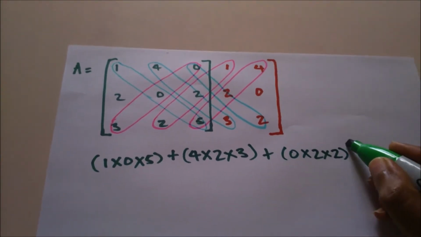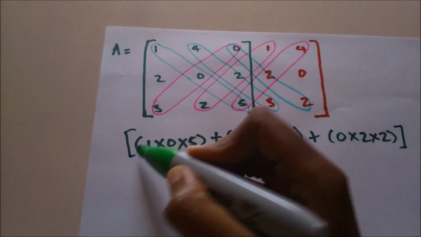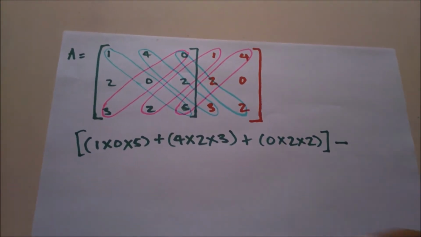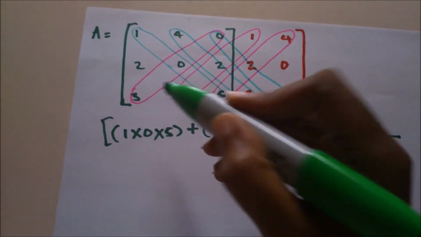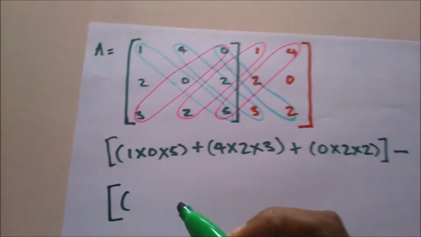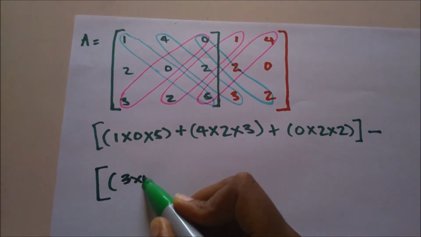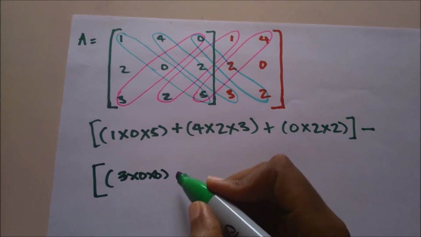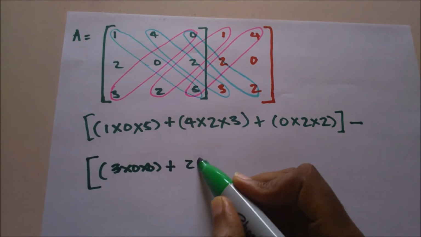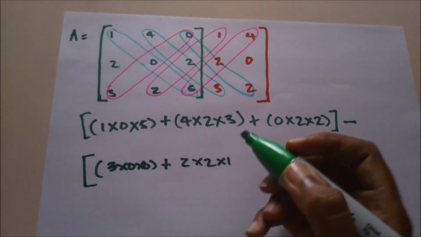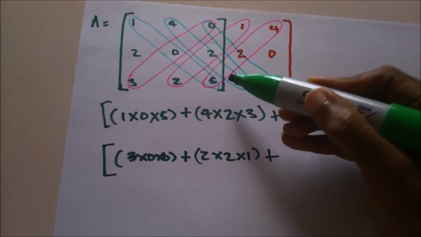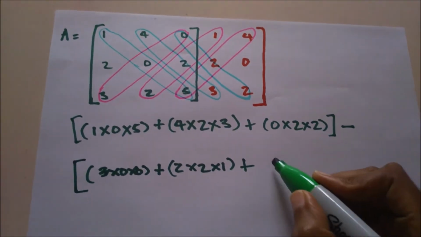And this is all going to be, right, so then minus, put a big bracket, 3 times 0 times 0, plus 2 times 2 times 1, bracket, plus 5 times 2 times 4.